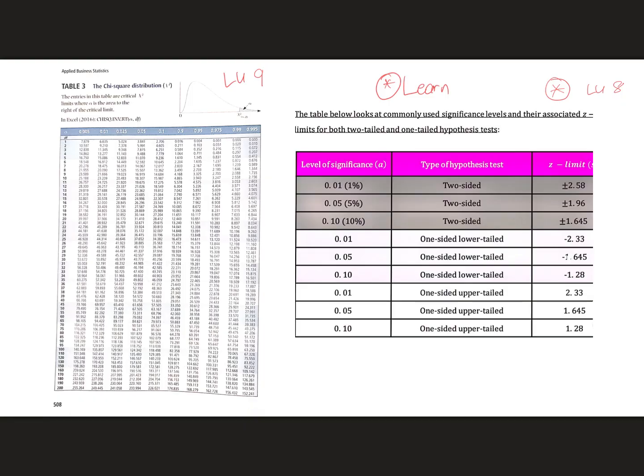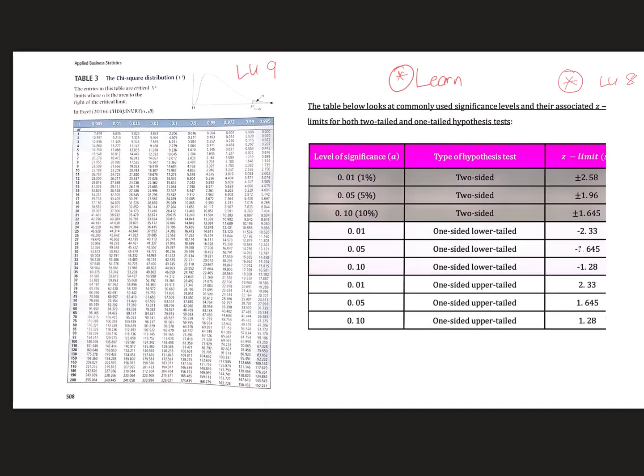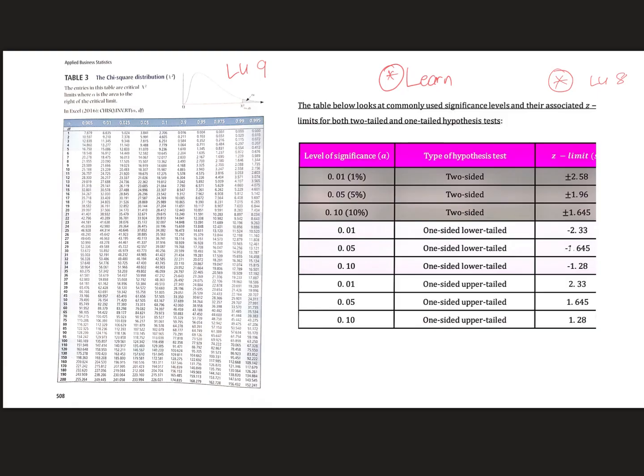Remember, we use this one. We use the two-sided, sorry about that. We use the first one, which was a two-sided test and a 1% significance level. And remember, we said it was 2.58. So a positive 2.58 on the right-hand side and a negative 2.58 on the left-hand side.